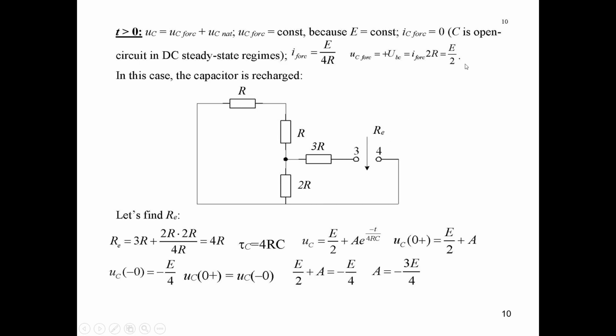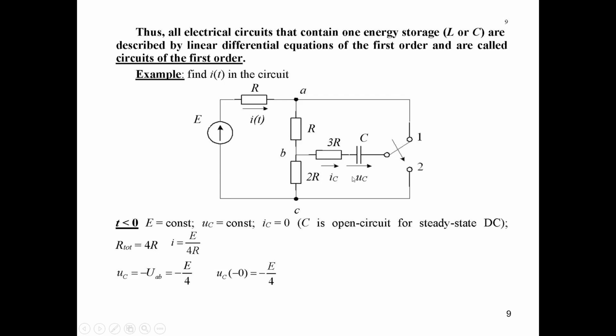Understandable? E over 2. So in this case the capacitor will be recharged. The direction of the voltage drop was to the right, and after commutation it will be to the left, and its value will change. So the current here in steady state regime in this schematic will be the same, but this capacitor will be recharged.